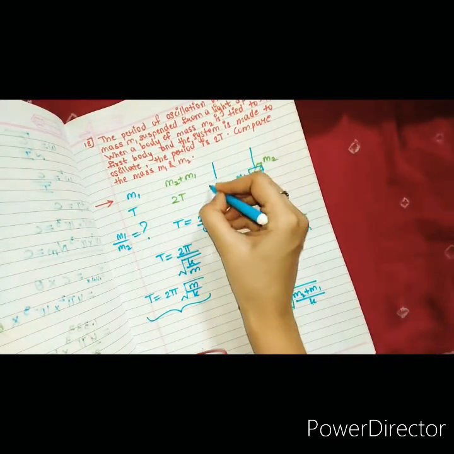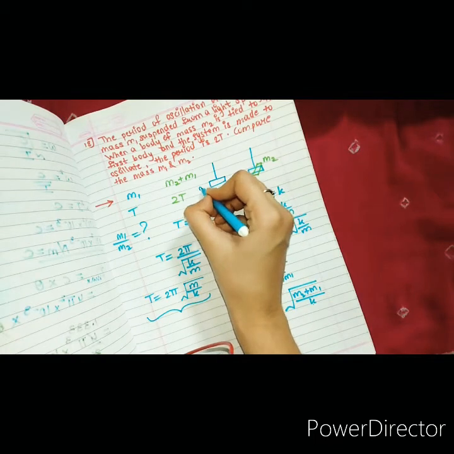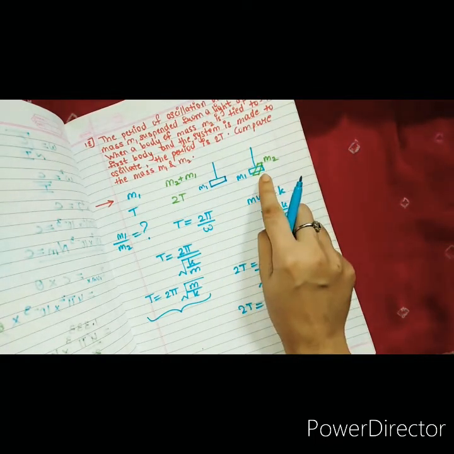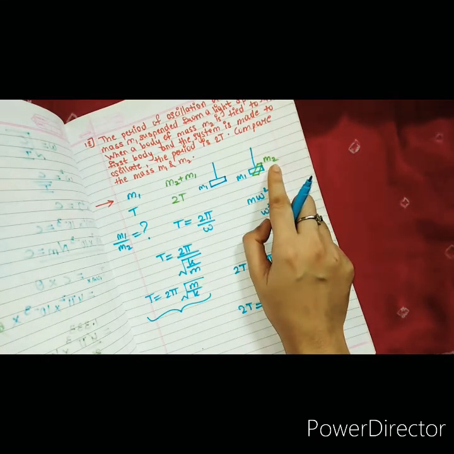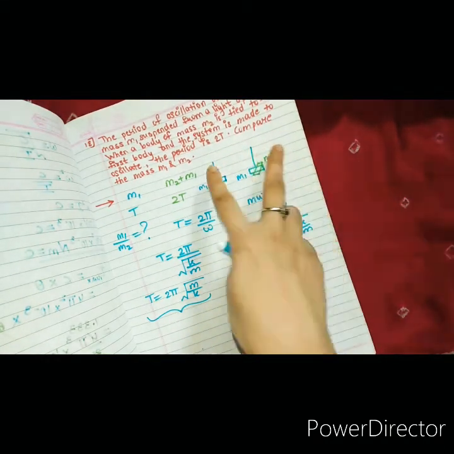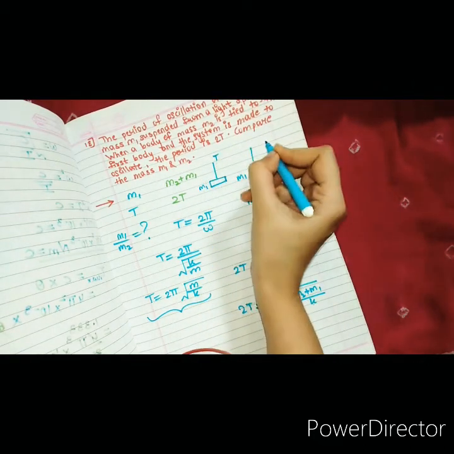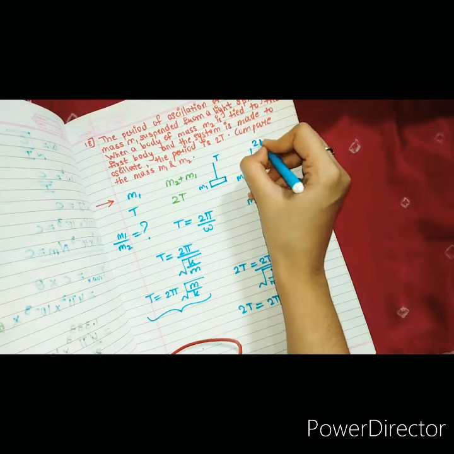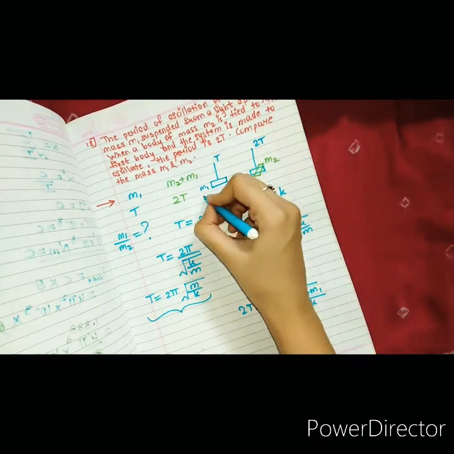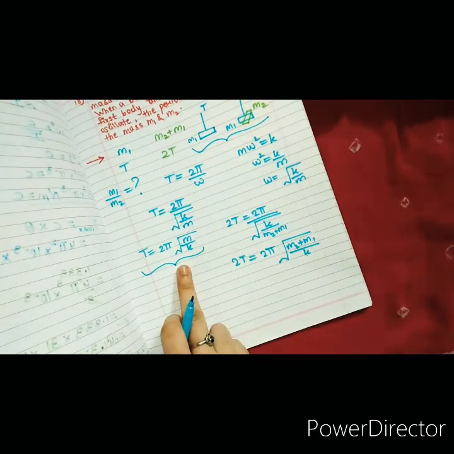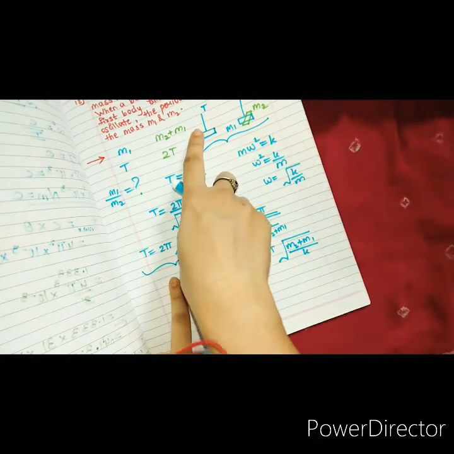The first system is the system in which we have just our mass m1. On the second system we have two masses. Spring constant will be same because the spring is same. Time period for the first is t, and for the second system it is 2t. So we will be deriving two formulas from this.